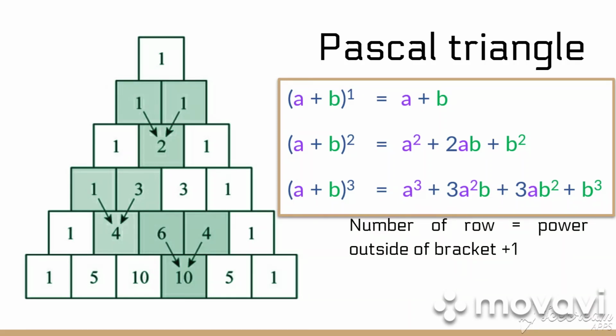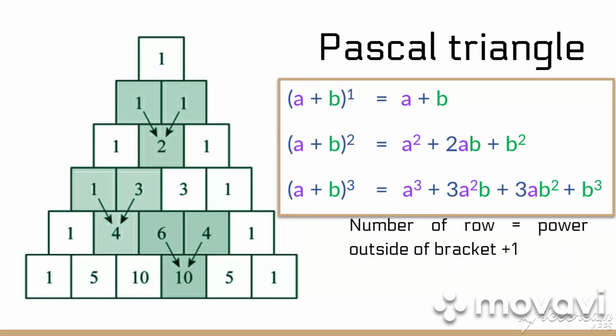Similarly, the same situation can be seen in (a + b) cubed. The fourth row shows the coefficients 1, 3, 3, 1. And here we can also see 1 multiplied by a cubed, 3 multiplied by a squared b, 3 multiplied by ab squared, and 1 multiplied by b cubed.